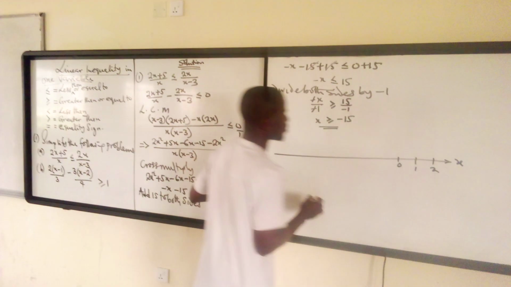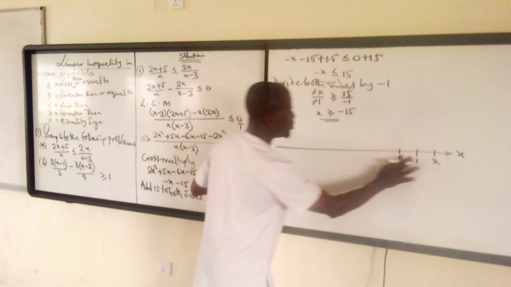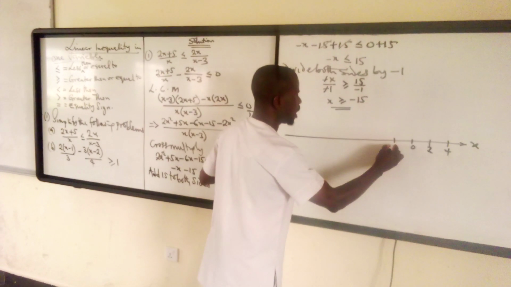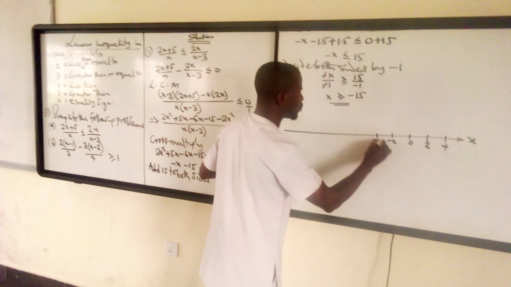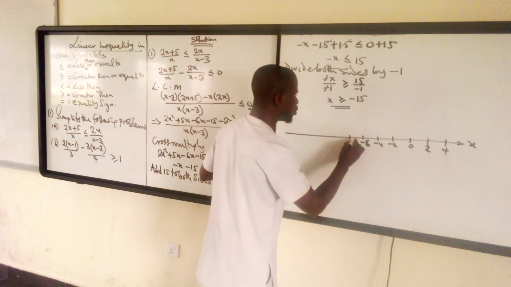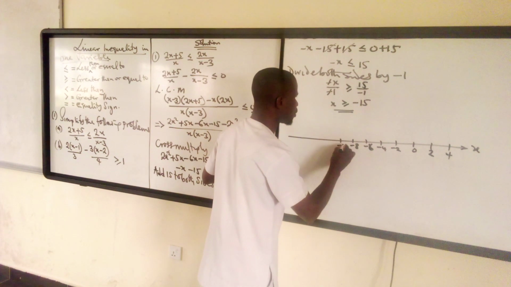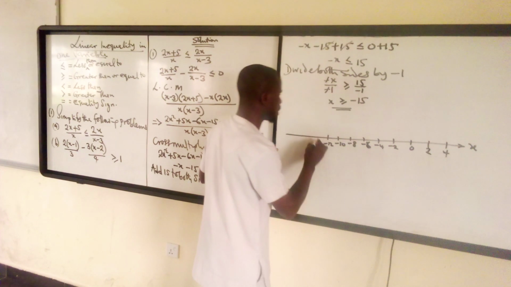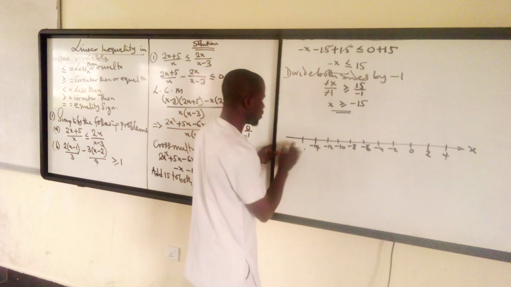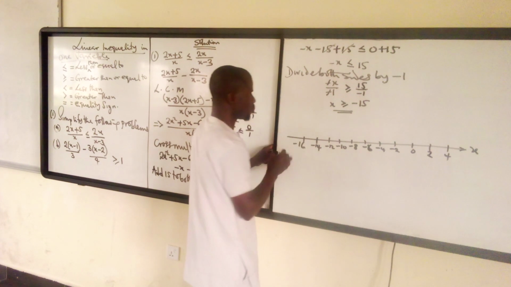This line is my x in this case. Or let me make use of 2, 4. Then here is minus 2, minus 4, minus 6, minus 8, minus 10, minus 12, minus 14, minus 16. Alright, I can stop here.